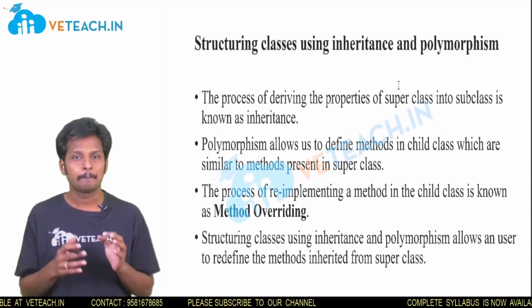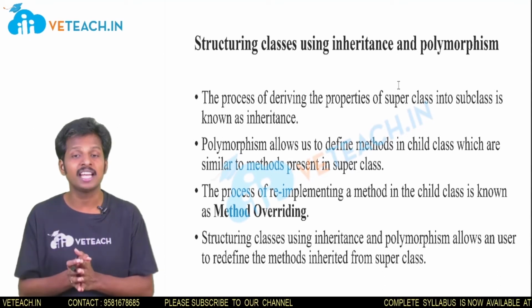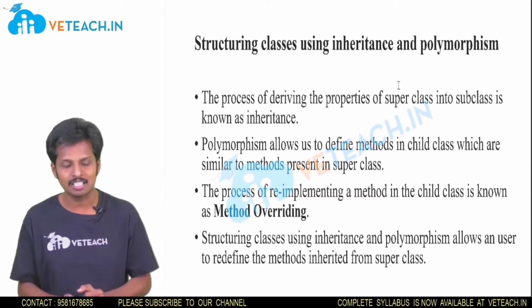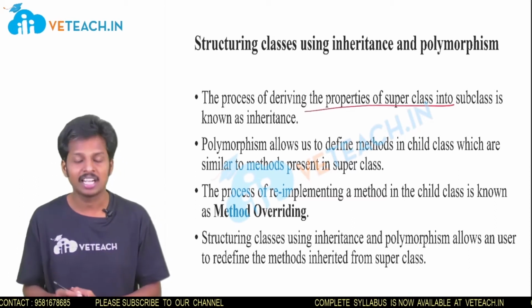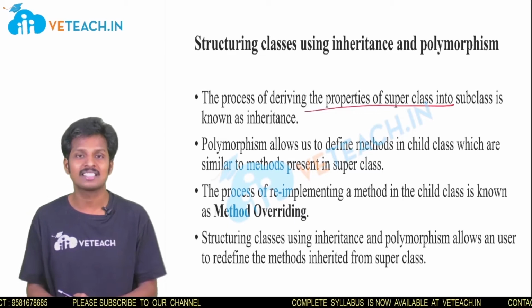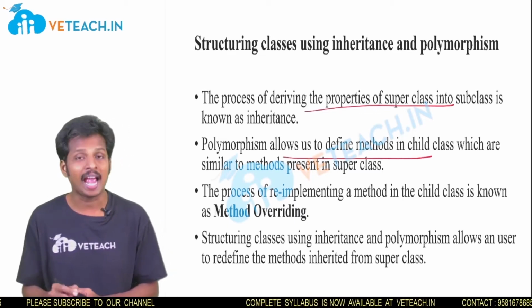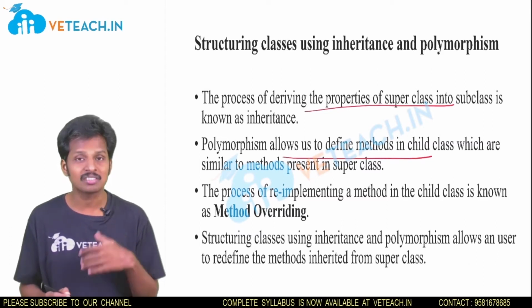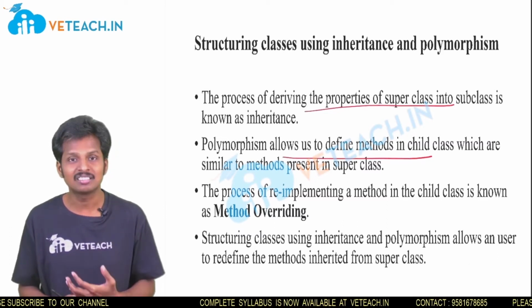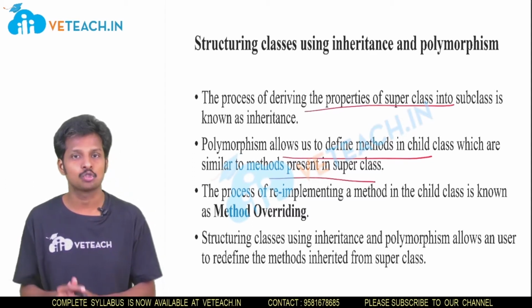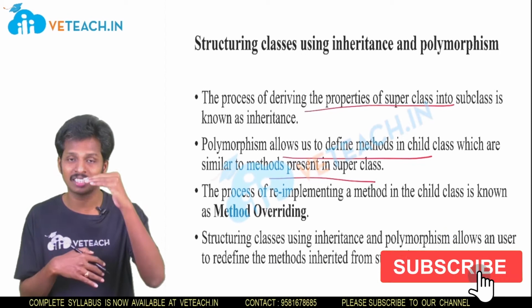Now, how can we create a class by combining these two concepts of inheritance and polymorphism is the topic for us. The process of deriving the properties of a superclass into a subclass is known as inheritance. Polymorphism allows us to define methods in a child class which are similar to methods present in the superclass. Superclass and subclass will have the same methods.